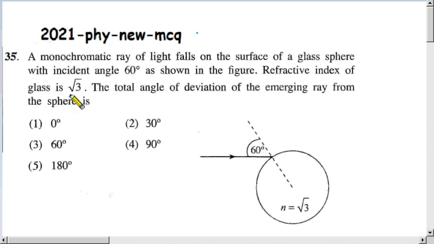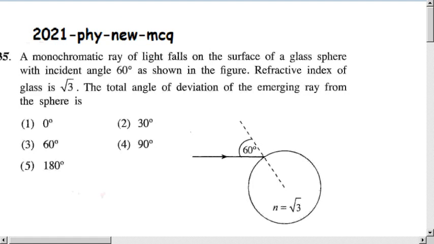Refractive index of the glass is root 3. So this ball is glass. The total angle of deviation of the emerging ray from the sphere is: first one 0, second one 30, third one 60, fourth one 90, fifth one 180.